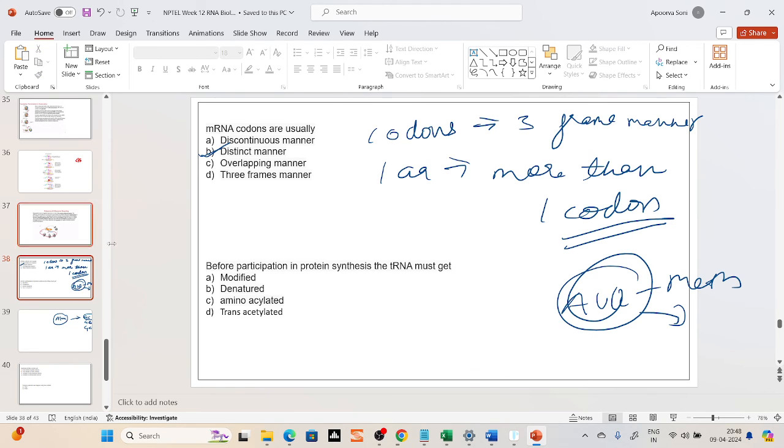Then next is, before participation in protein synthesis, the tRNA must get modified, denatured, amino acylated, or trans acylated. Think.